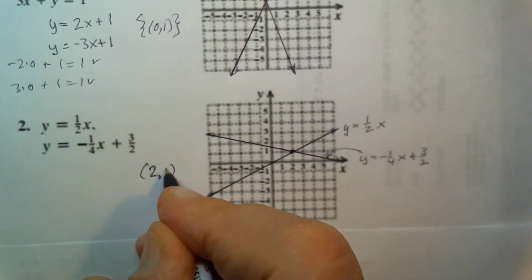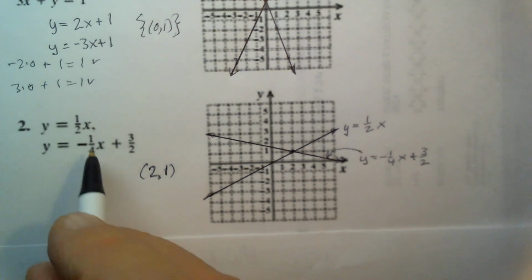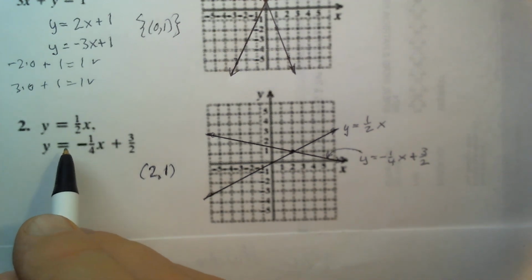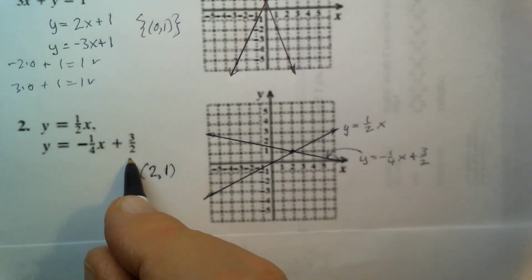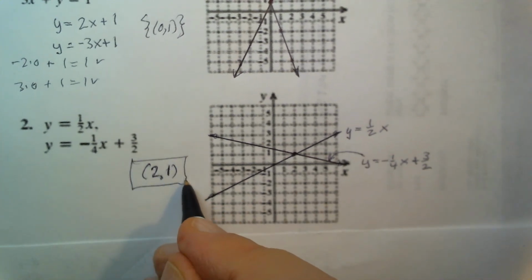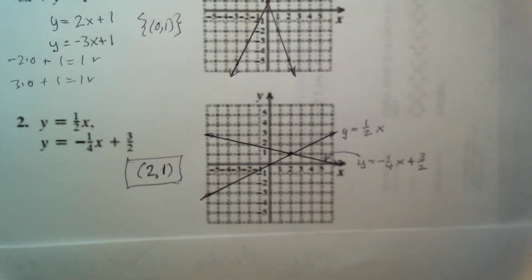In other words, x equals 2, y equals 1 would be the solution to the system of equations. And again, I leave it up to you to verify that this is correct by substituting the values for x and y into these equations and confirming that this indeed is the solution to this system of equations.